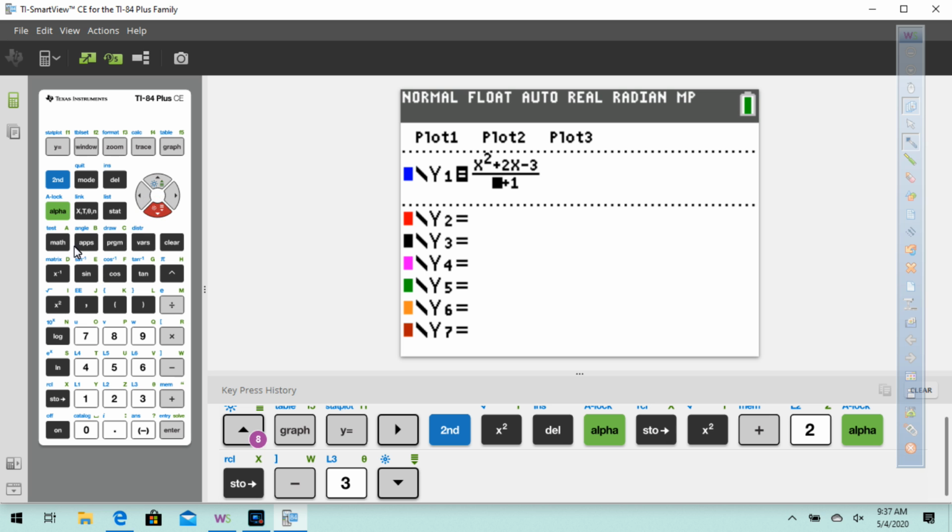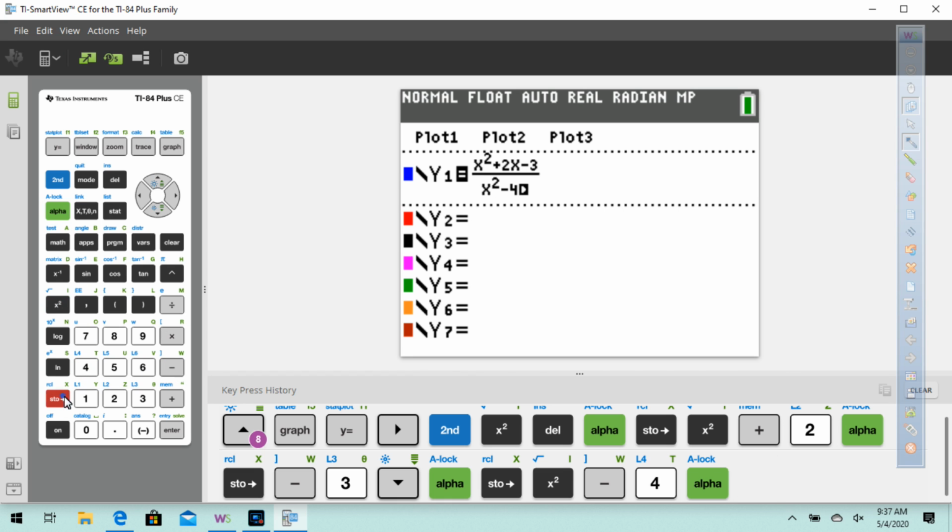And then on the bottom, x squared minus 4x plus 3. Make sure I got that right.